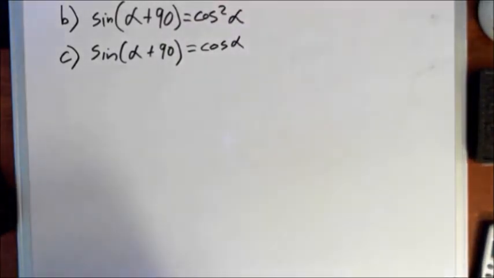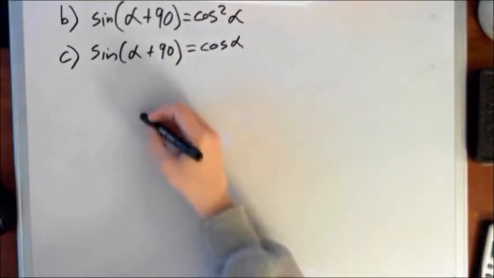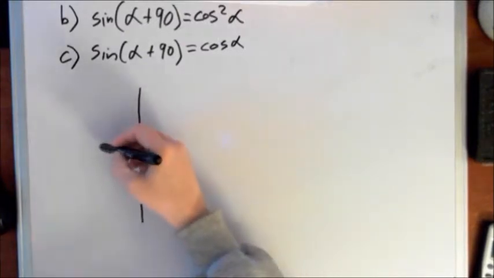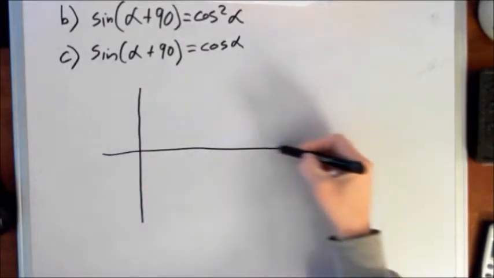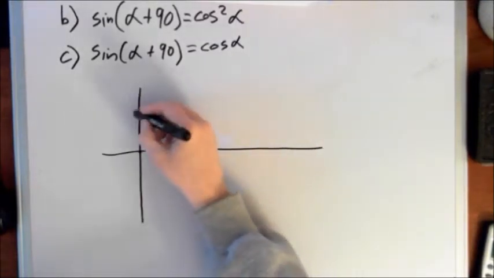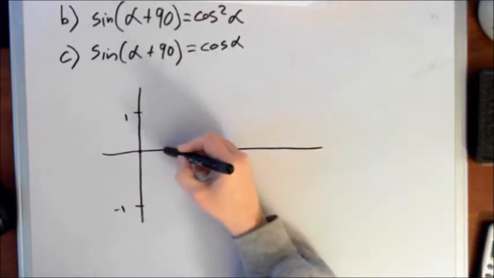So to look at that, I think a good way to understand this is to look at the graph of sine and cosine together. So this will be positive 1. This will be negative 1.